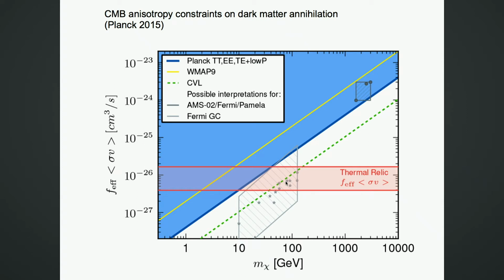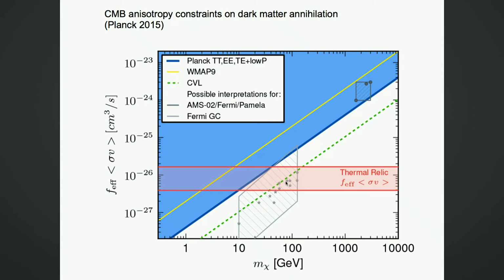This is our f over here, okay? So this is the excluded region, and the line is a line of constant sigma v f over m chi. This is why it's a straight line in log space. And this line cuts at a mass of about 10 GeV. So really for f equal 1, this line would cut at 10 GeV.